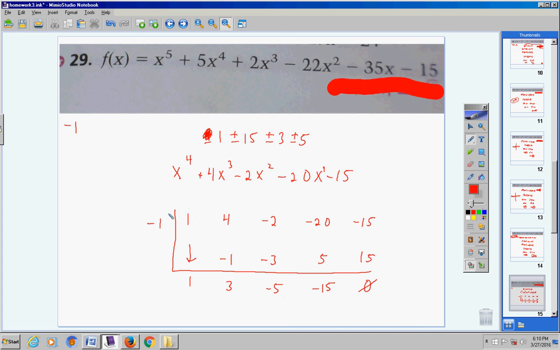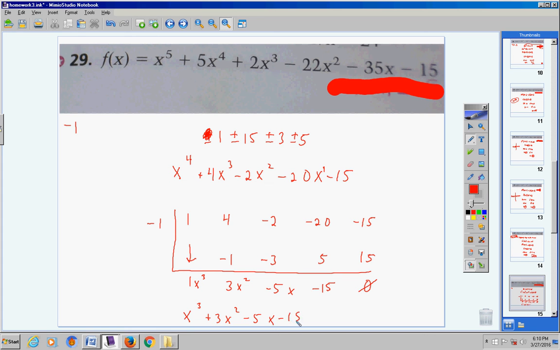So negative 1 gave me out 0. Do I need to put negative 1 up here again? Of course not, no. But do you see what you did? You just broke this down from a 4th degree. Now it's into a what degree? A 3rd degree. So now my new function is x cubed plus 3x squared minus 5x minus 15.